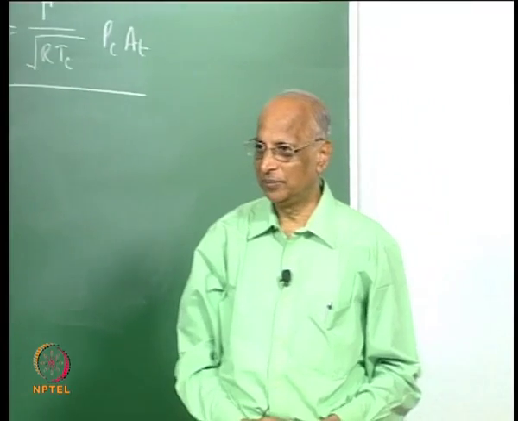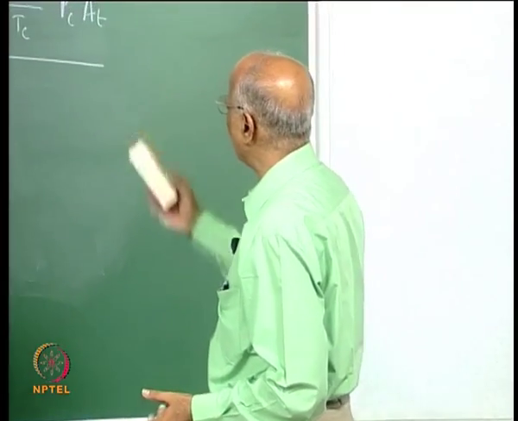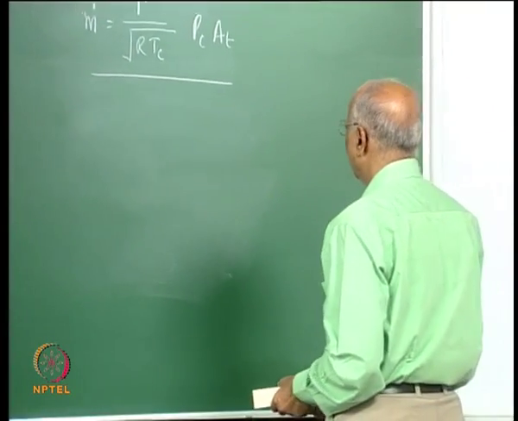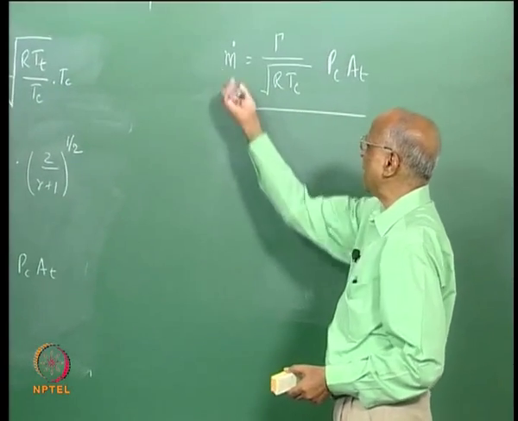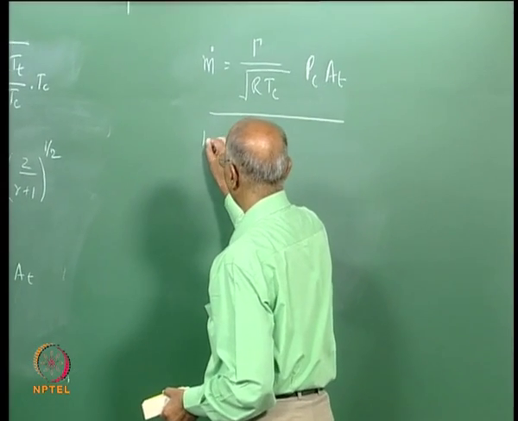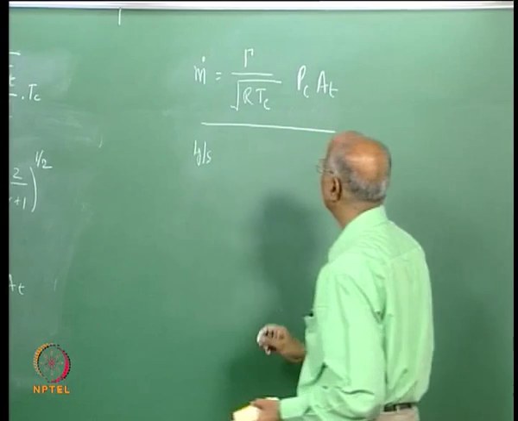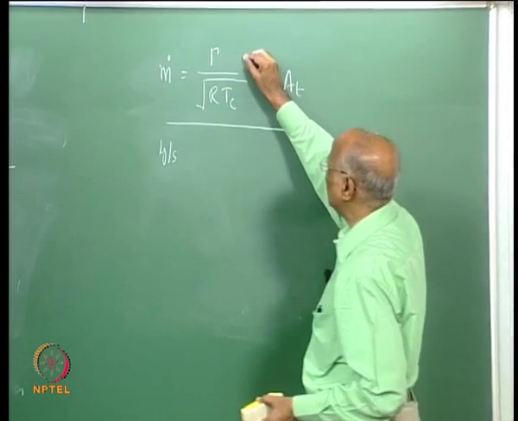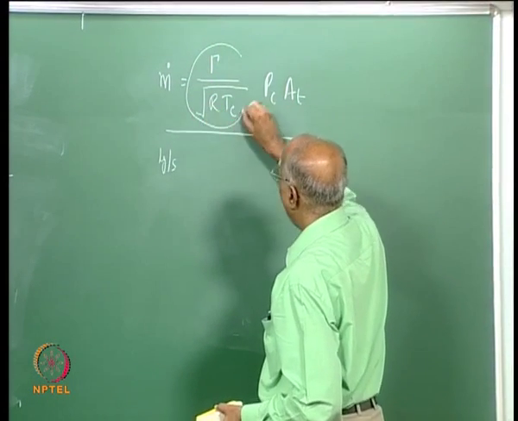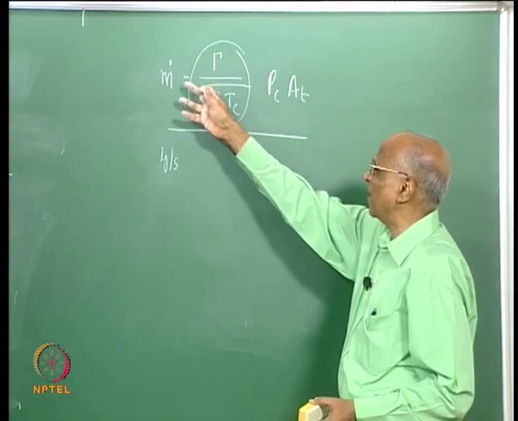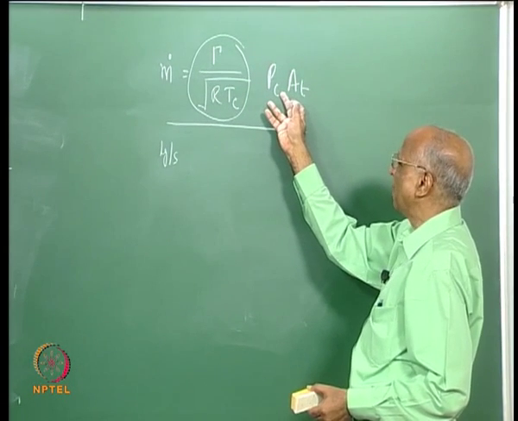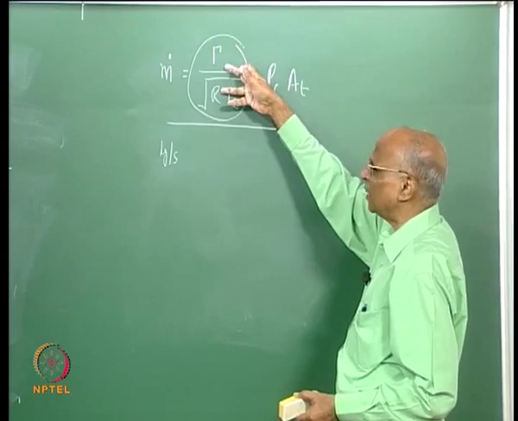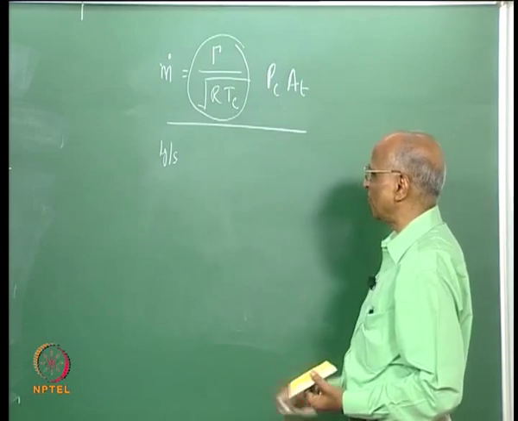Is it all right? Now let us find out what is the mass flow rate through the nozzle. For a given mass flow rate in kilograms per second, if I were to use this expression as something which transfers the mass flow rate into chamber pressure, this is something like a transfer function. What do you mean by transfer function?